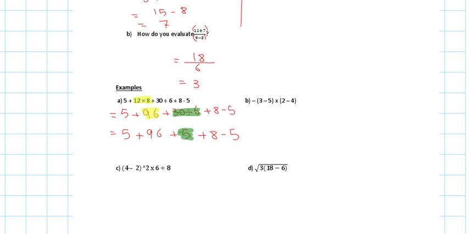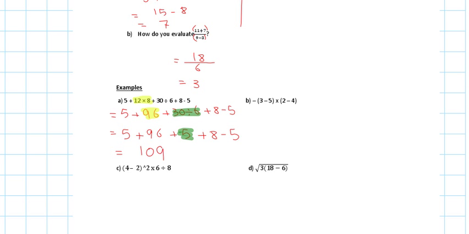Now, I just have to add and subtract. Okay? So you see that I have 5 plus 96, that's 101. Add 5, that's 106. Add 8, that's 114. Take away 5, that's 109. Is that right? So you can do that on the calculator, okay?